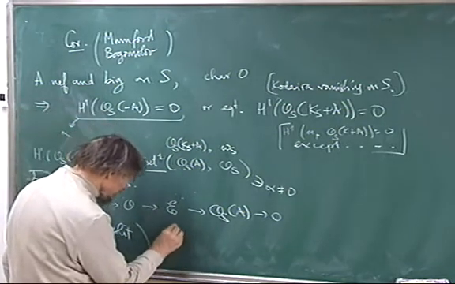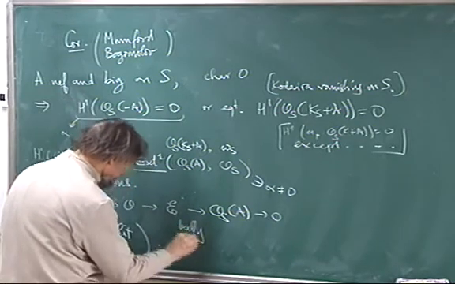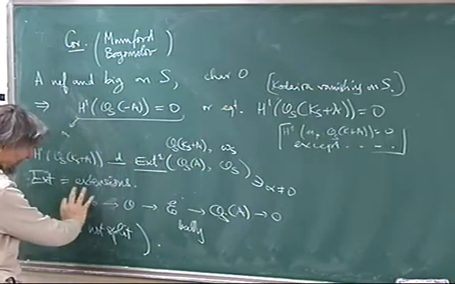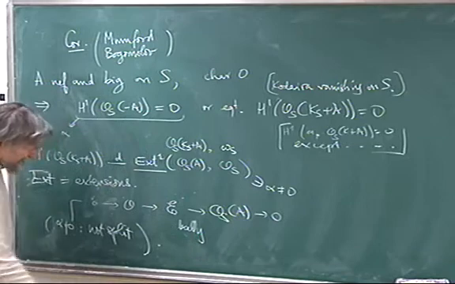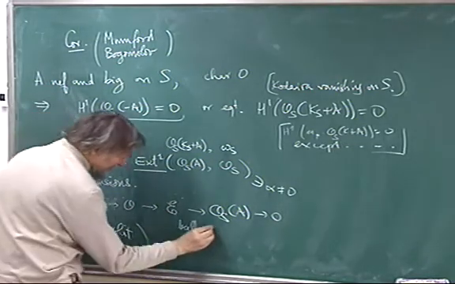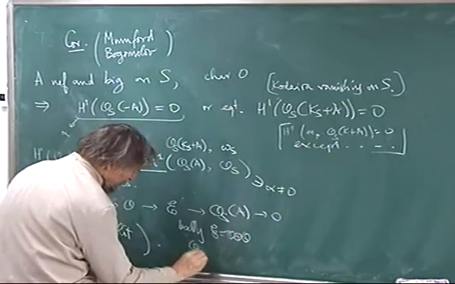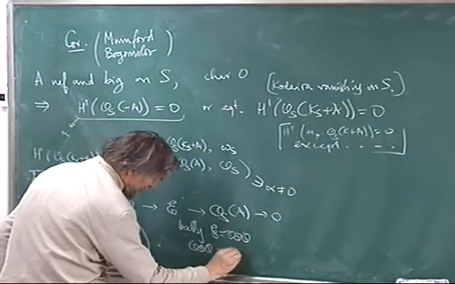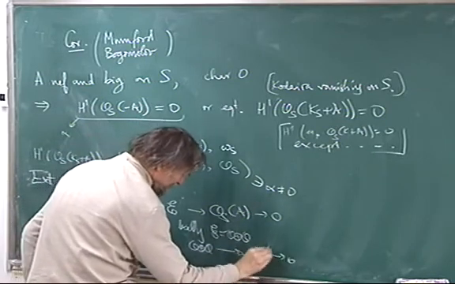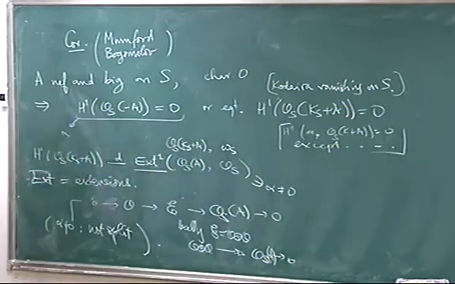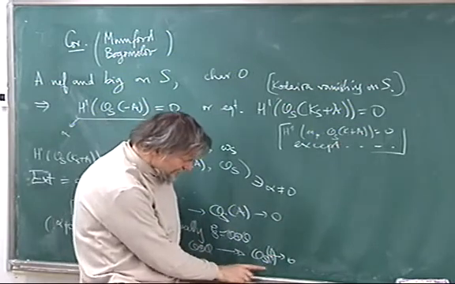So what does this mean? I'm making a little detour to explain how I get from an element of this to an extension like this. Locally, E is O plus O, and O plus O is mapping surjectively to this OS of A. So this is a locally free sheaf.